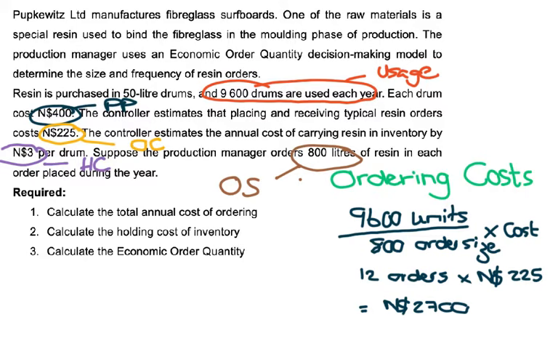If you take 9,600 divided by 800, then you will see that you need to order 12 times for this year. And one order will cost you 225 Namibian dollars. So in total, you will spend 2,700 Namibian dollars on ordering cost. So my total annual cost of ordering is then 2,700.